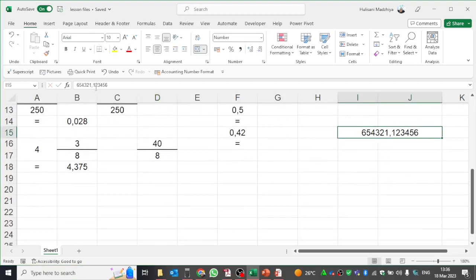Last time we said that when we count from right to left, from 1 we've got the ones, from 2 the tens, from 3 the hundreds, from 4 the thousands, from 5 the 10,000s, and 6 represents the 100,000s. So the value of 2 is 20, the value of 3 is 300, the value of 4 is 4,000, the value of 5 is 50,000, and the value of 6 is 600,000.